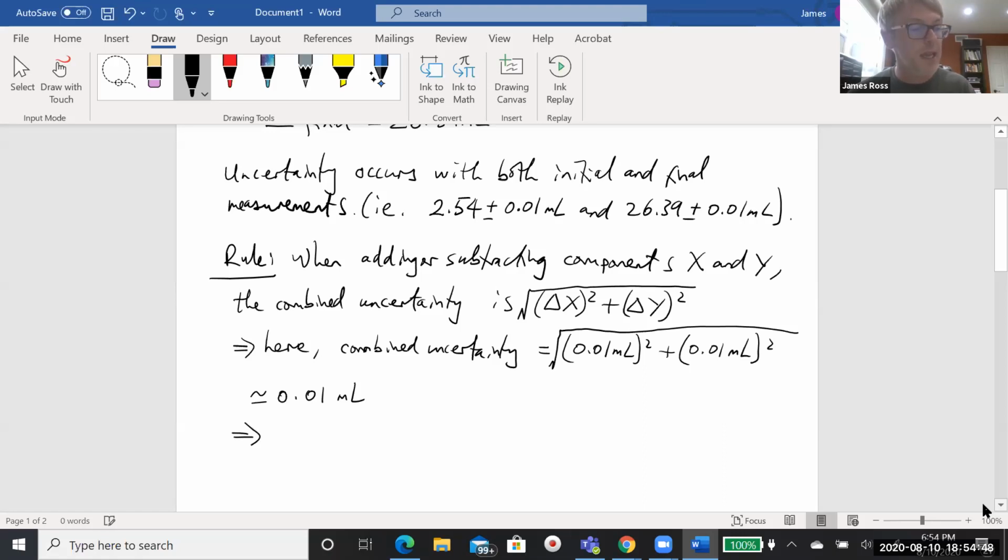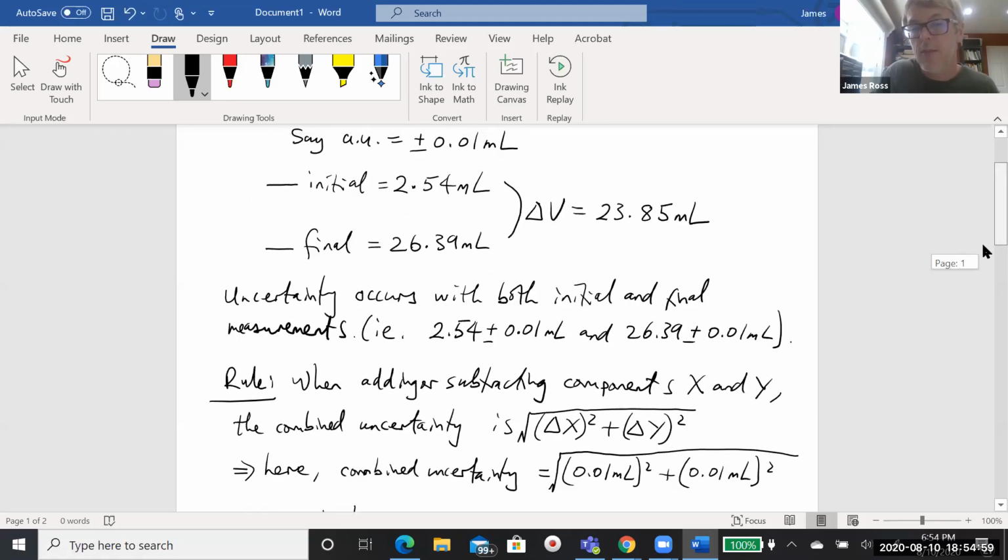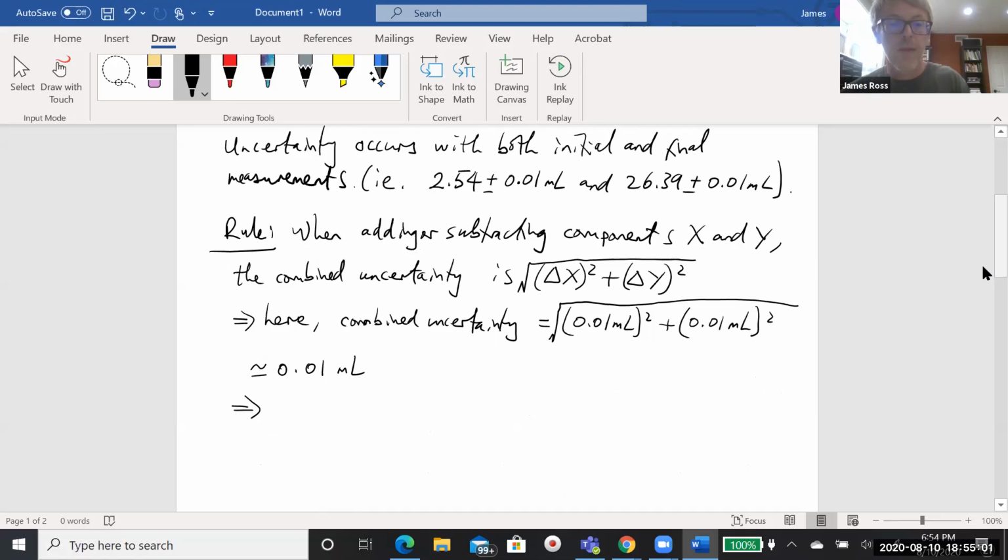So I would say here, my delta V, remember, we had up top here, is 23.85 mL plus or minus the combined uncertainty, which is about 0.01 mL.